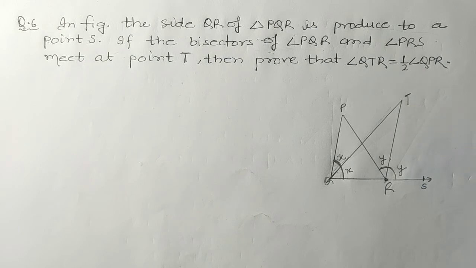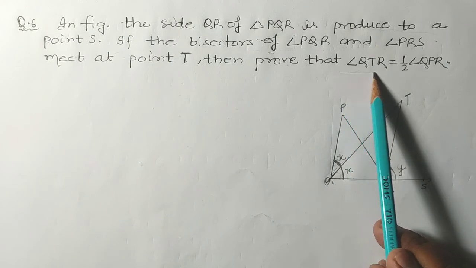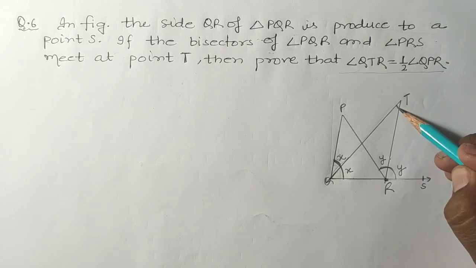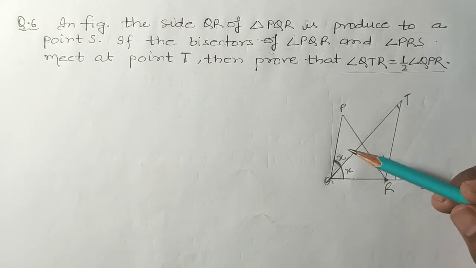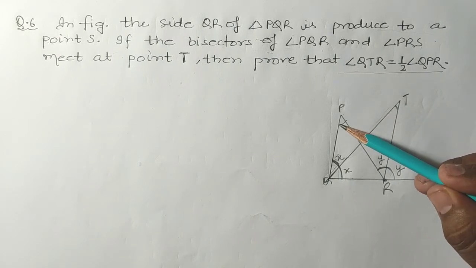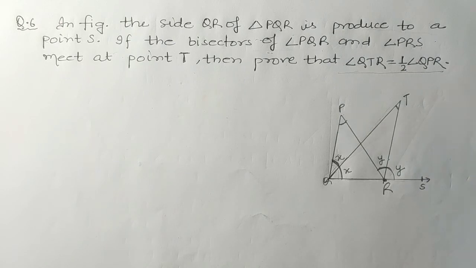Then we have to prove that angle QTR, means this angle, is equal to half of angle QPR. Basically we have to prove that this angle is exactly equal to half of angle QPR.